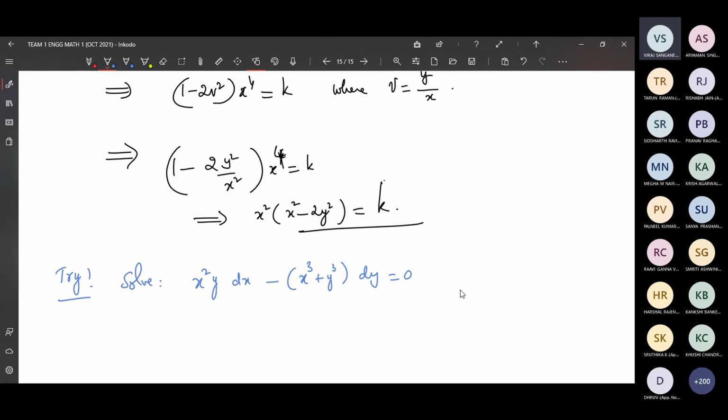So y by x becomes v in that case. Similar to the previous problem, you try this, and the solution I'll give you here. The solution is minus x cube by 3y cube plus log y equals c.